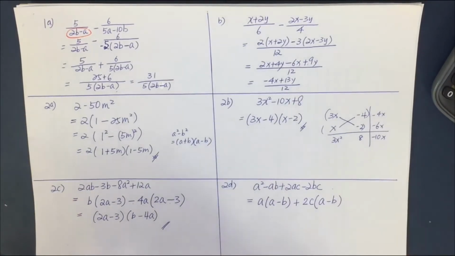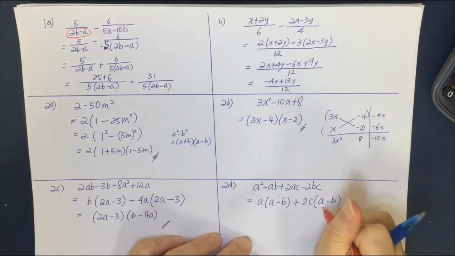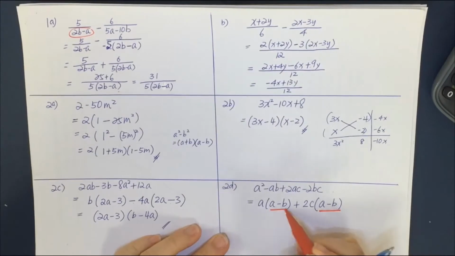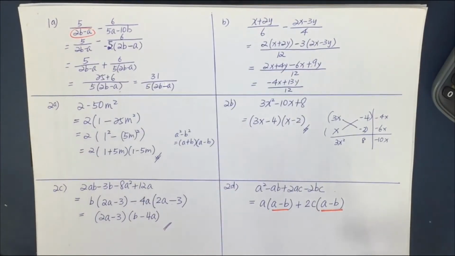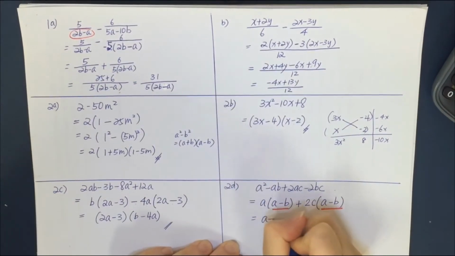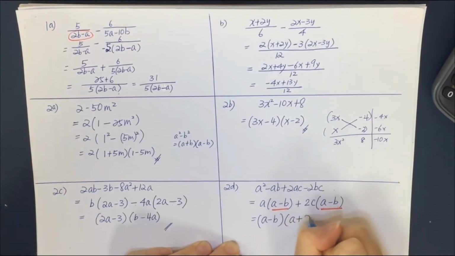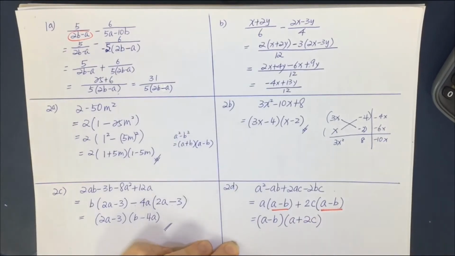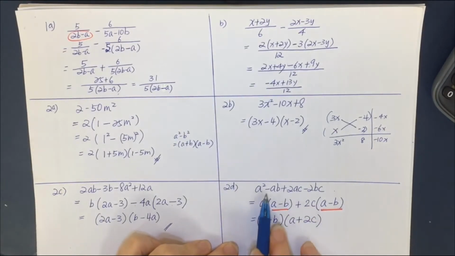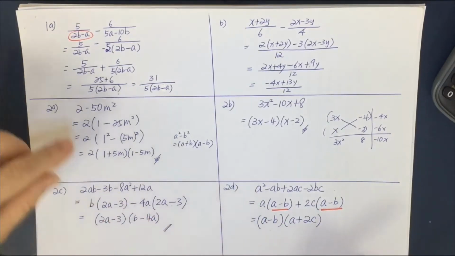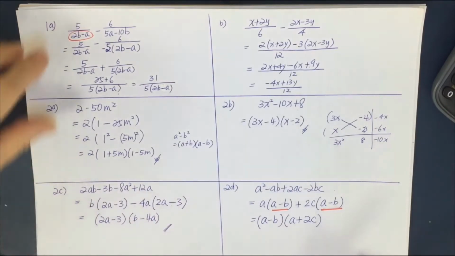So can you see that the a minus b and the a minus b now is the common factor. So when I take a minus b out, I'll have a plus 2c. And that's all. I have already factorized it. If you expand this out, you're going to get back this one. So this is the process of factorization.